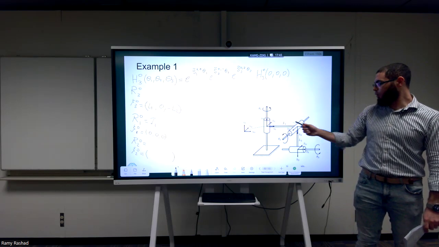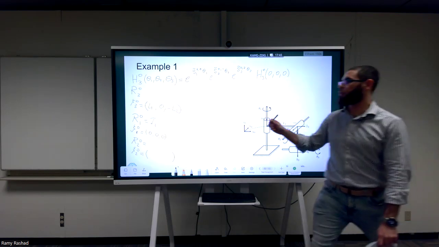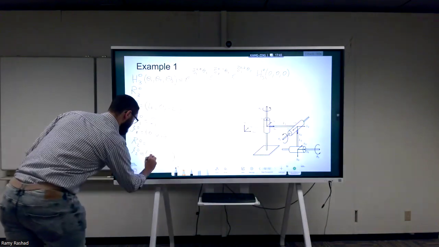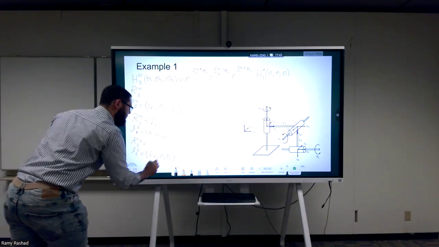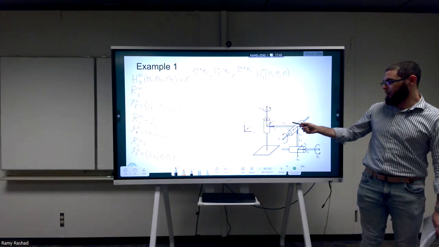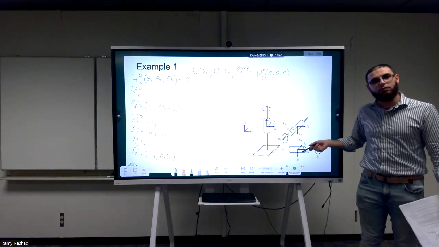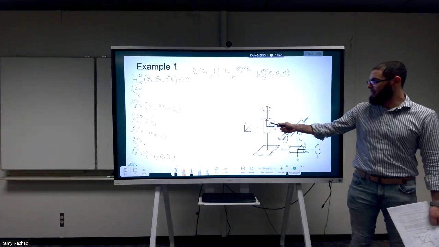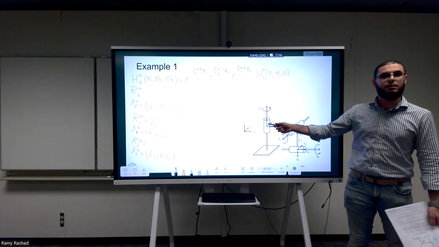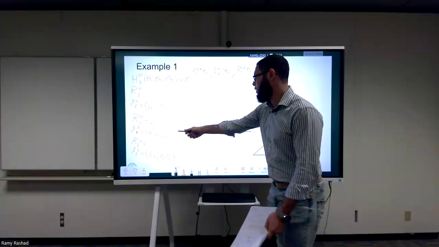L1. So it's L1 in the X1, the heading direction, and 0 0 in the rest. So it's L1 and 0 and 0. So if I can reach this frame by moving in this direction by L1, what else should I do to reach that frame? I should go down by L2, which down here means minus Z. Clear?